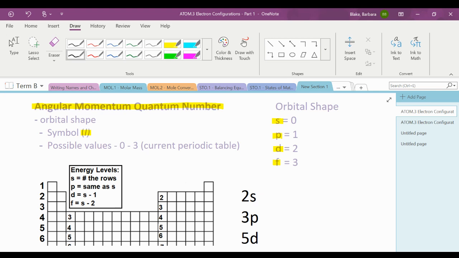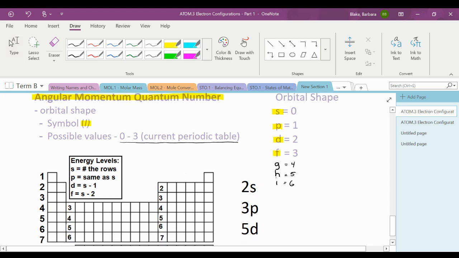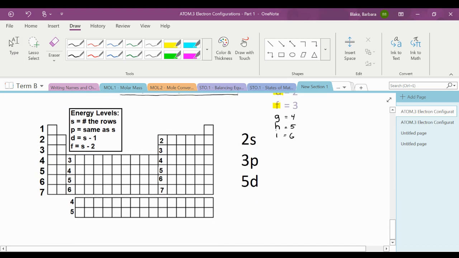And you might run into G, H, or I orbitals that would also be assigned numbers. For our purposes, what we are going to focus on is the current periodic table, not what might exist in the future. So our possible values are going to be 0 through 3 that represent the S, P, D, and F orbitals. These orbitals are oriented on the periodic table as well.